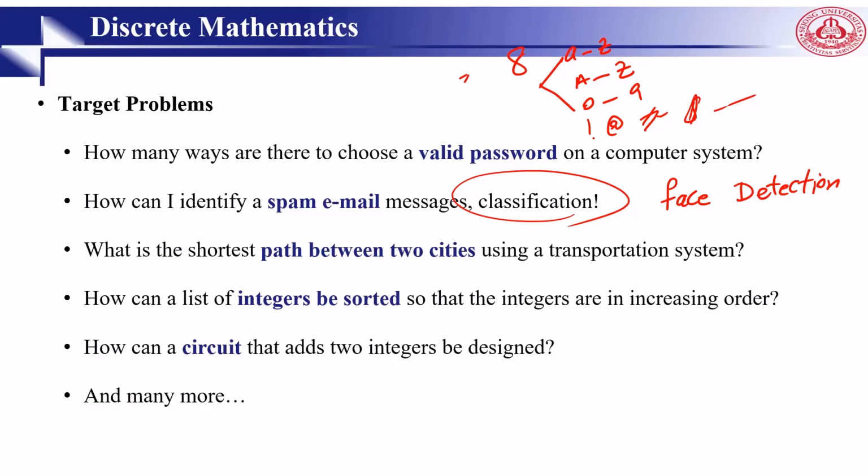It's a kind of binary classification. If you are the legitimate owner of the phone, then it's 1. Otherwise, it's 0. If you are, then it will open. If not, it will not unlock, right? We can also use discrete mathematics for the shortest path problem, which we will study later, for sorts, for circuit design, and for many other things.